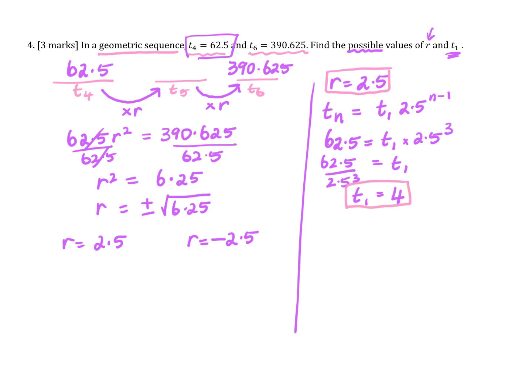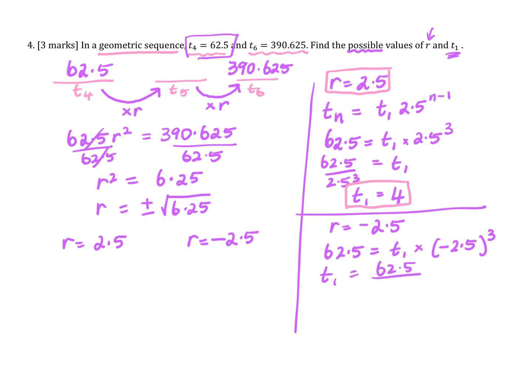The next solution, however, we've got if r is equal to negative 2.5, then 62.5 is equal to term 1 times negative 2.5 to the power of 3. Okay, so term 1 is going to equal 62.5 divided by negative 2.5 to the power of 3, which will give us negative 4.